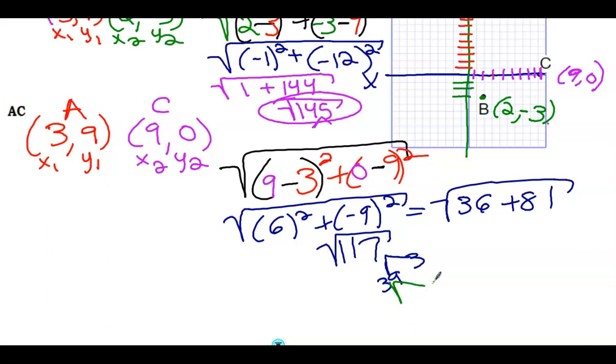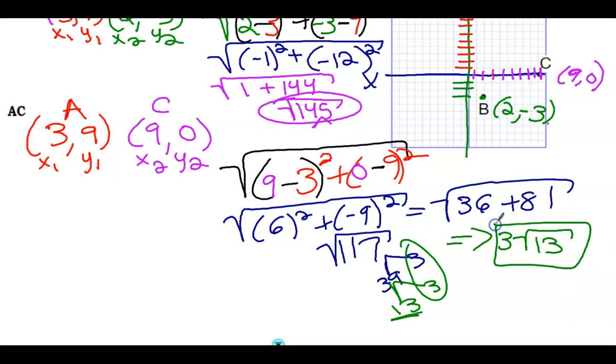It does help to listen while you're learning this. Kind of helps with getting all the information down. So there's a pair of 3s, so that can come out. And 13 doesn't have a partner, so 13 stays in. And so my answer is 3 root 13.